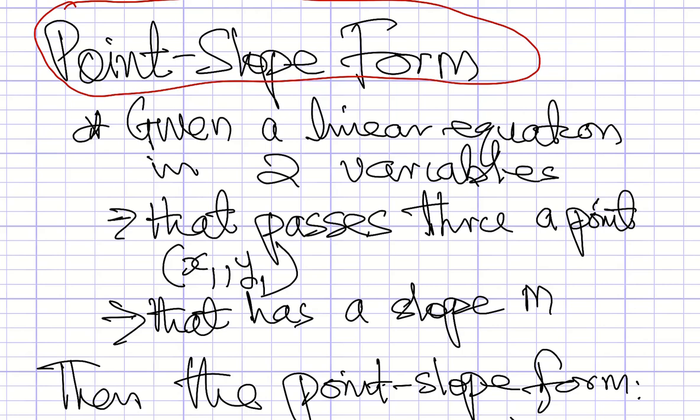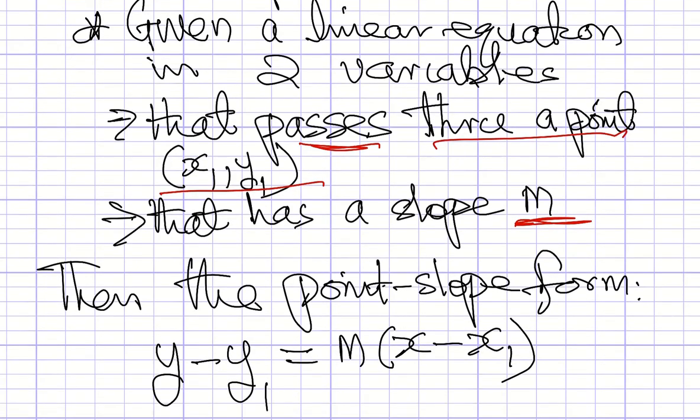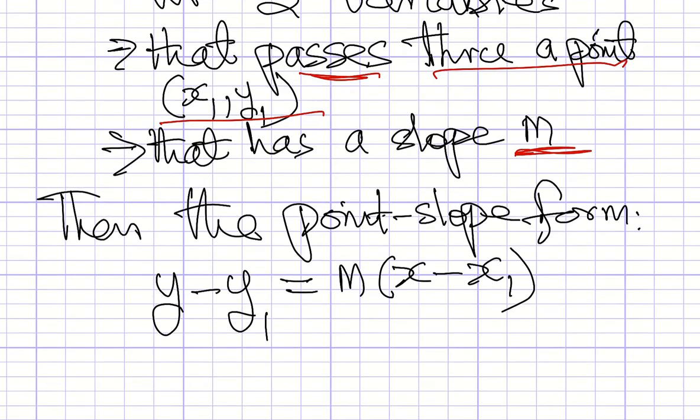The way they define it is you are given a linear equation in two variables, and that equation passes through a point, an ordered pair x1 and y1. That equation also has a slope called m. All right.